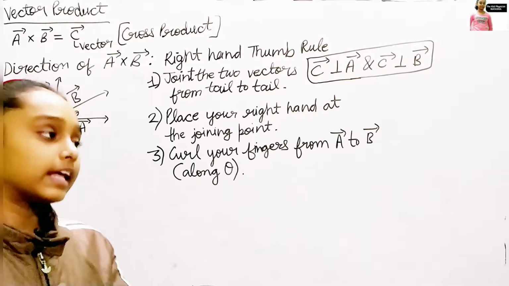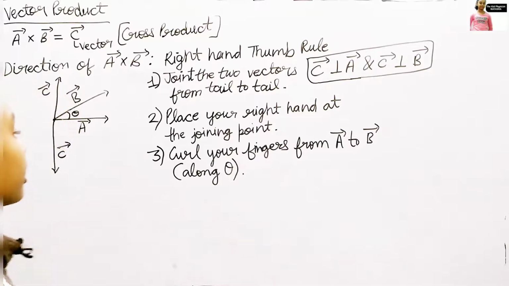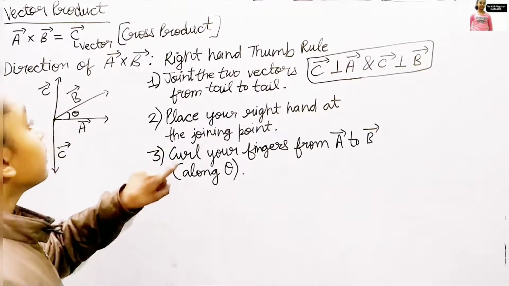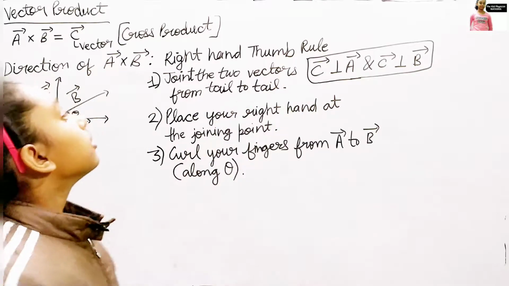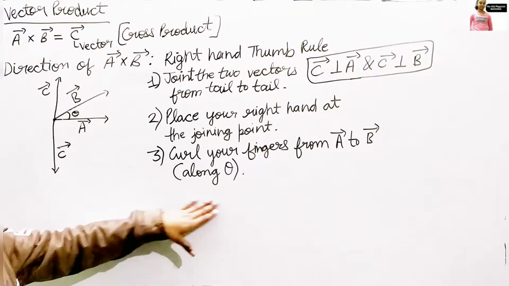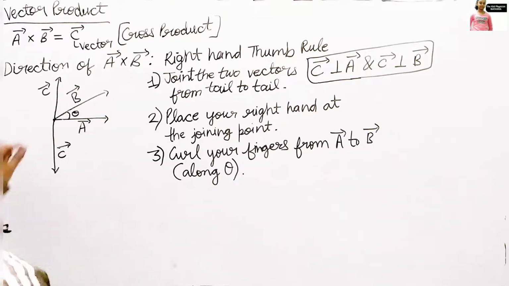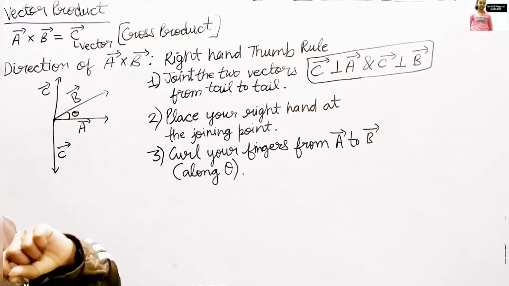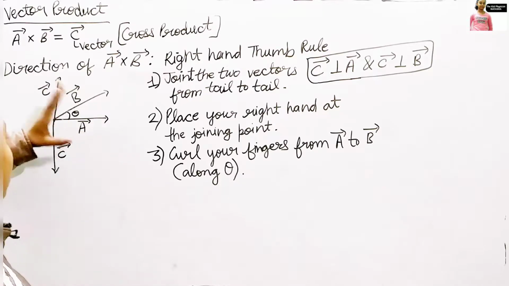The important thing I have to tell you is that in the right hand thumb rule, we always have to use the smaller angle. Theta is the smaller of the two angles between vector A and vector B, the smallest angle.